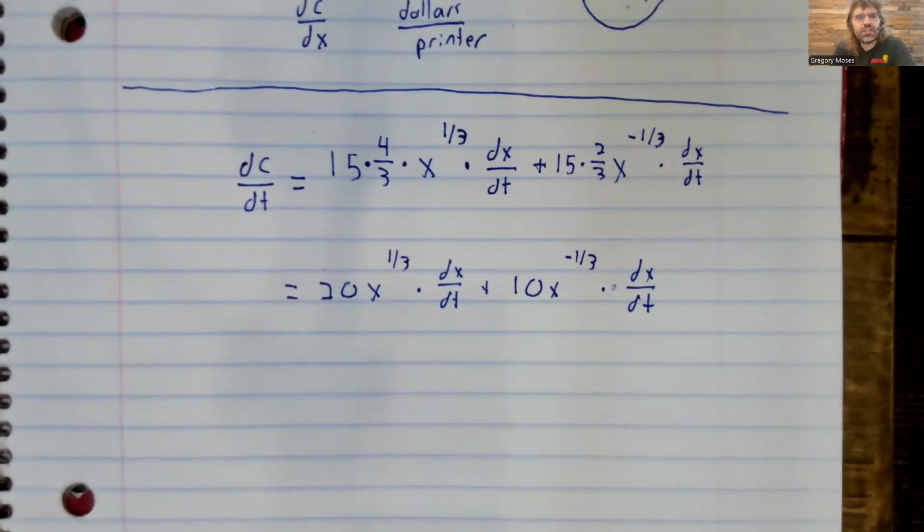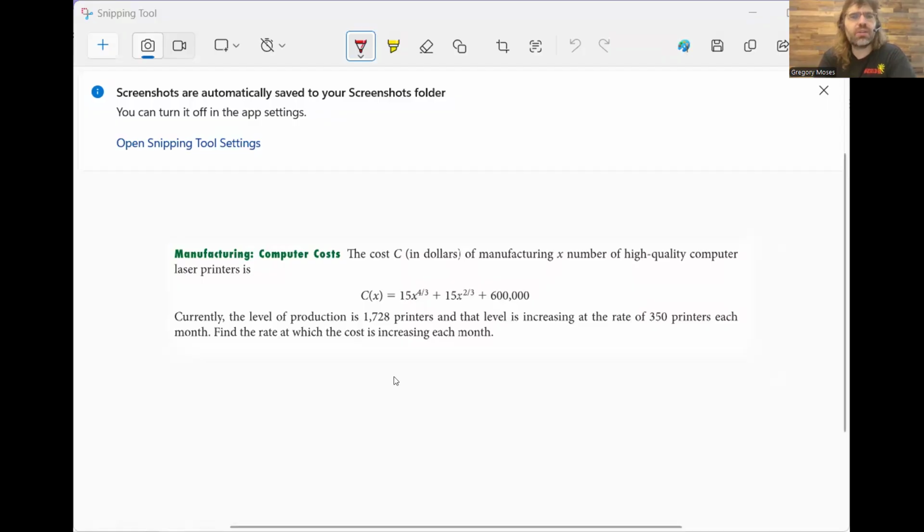And both of these are given by the problem. x is 1,728. dx/dt is the rate of change, positive 350 printers per month.